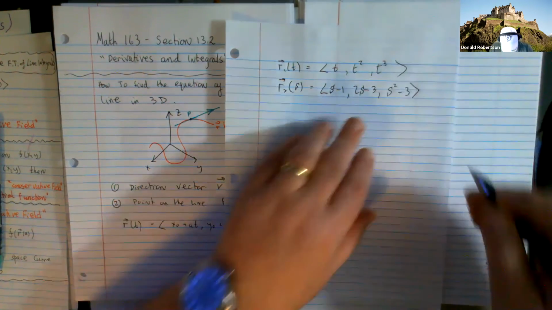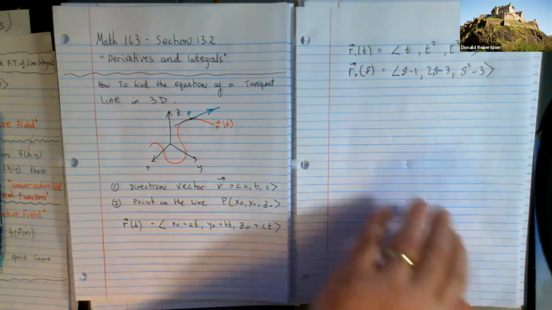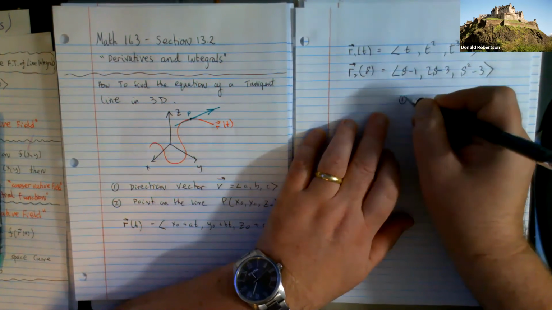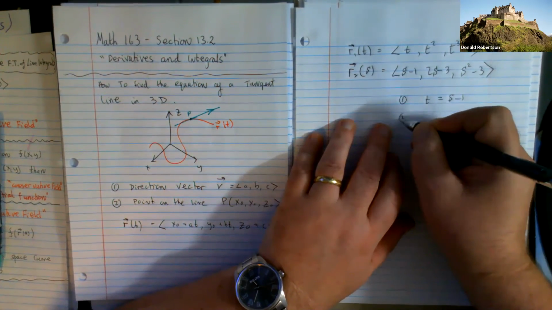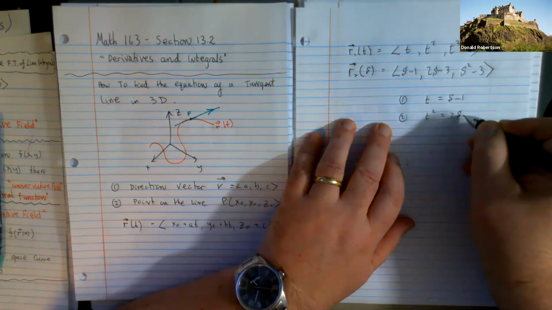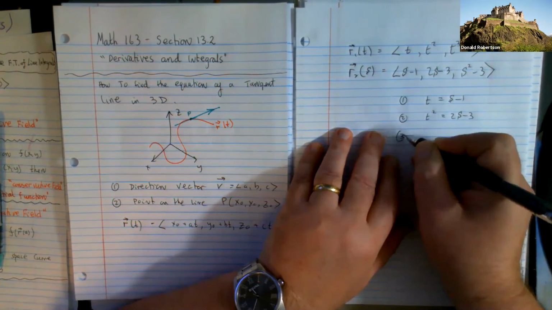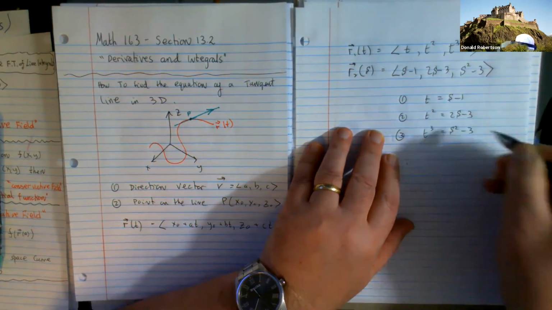There we go. So the question is, find the angle at which these two space curves intersect. If you set it up, matching the x's, t would be equal to s minus 1. Matching up the y's, t squared would be 2s take away 3. If you match up the z's, you get t cubed equals s squared minus 3.